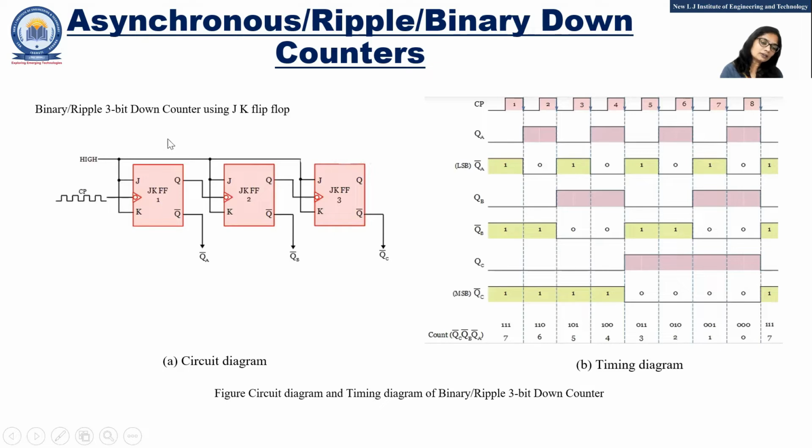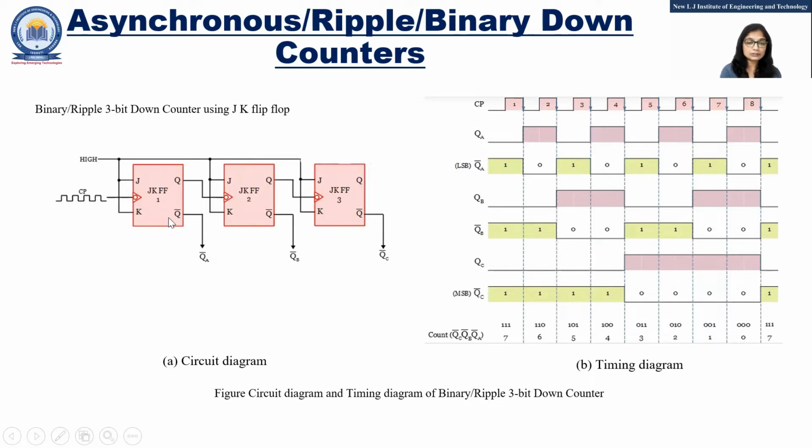Okay, so here what is the difference between these circuits? You can see here, in this 3-bit down counter, the output we are going to take from the complement of this output. I mean, I am applying clock from Q and the output I am taking from the Q bar terminal.